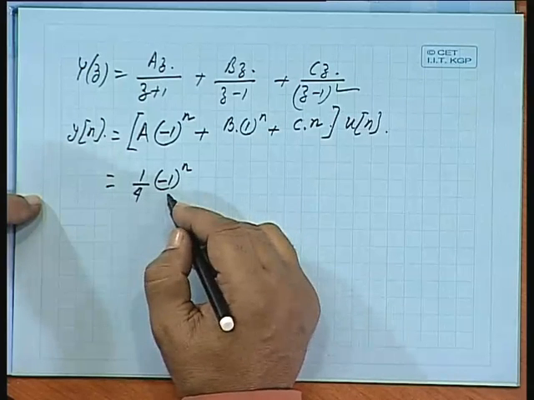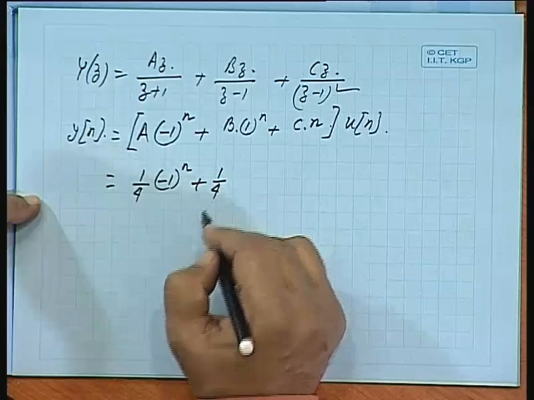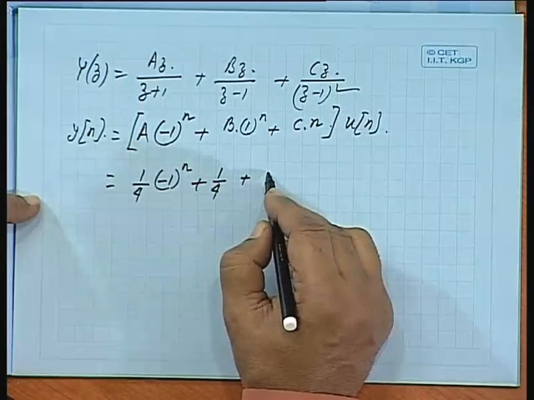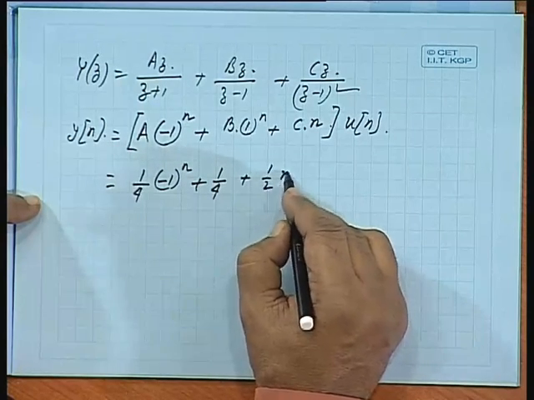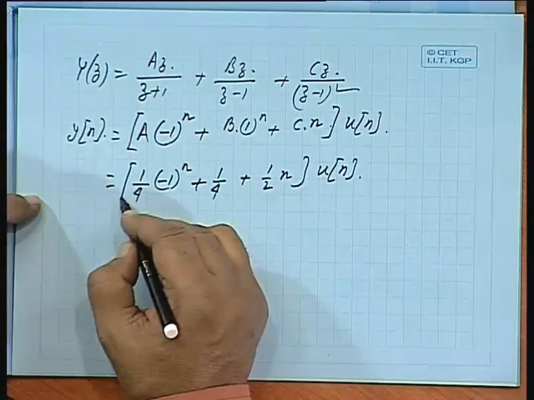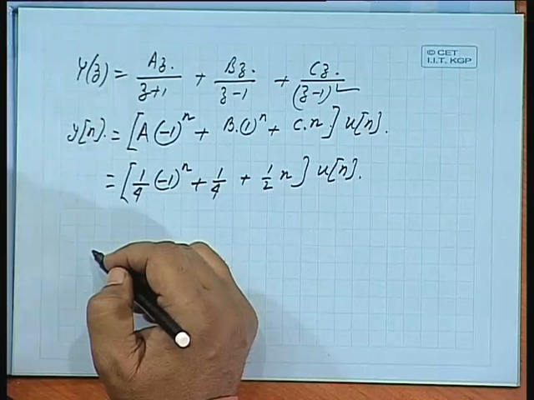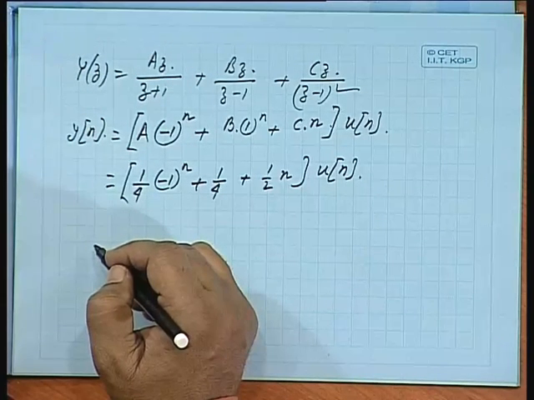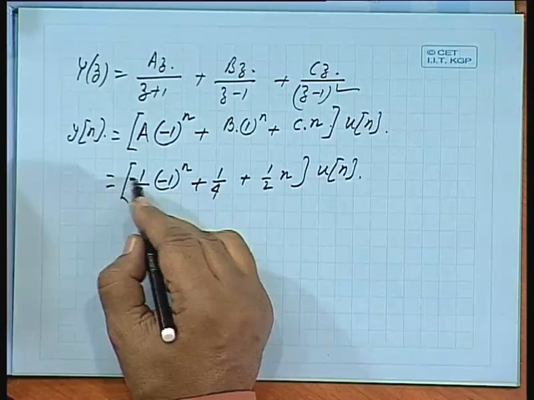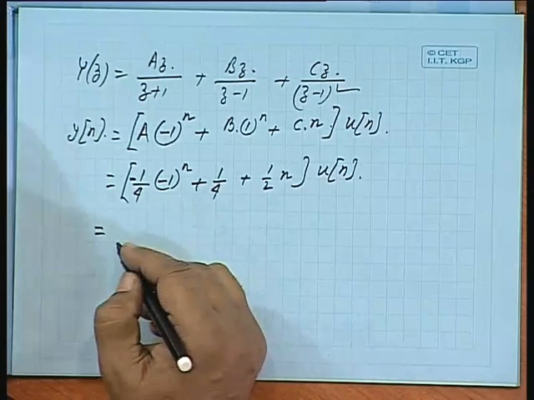No, this is all right, plus 1 by 4 plus half n whole thing into u n. Is that okay? A was minus 1 by 4, so there will be a minus sign here. Is that all right? This is the one you are talking about.